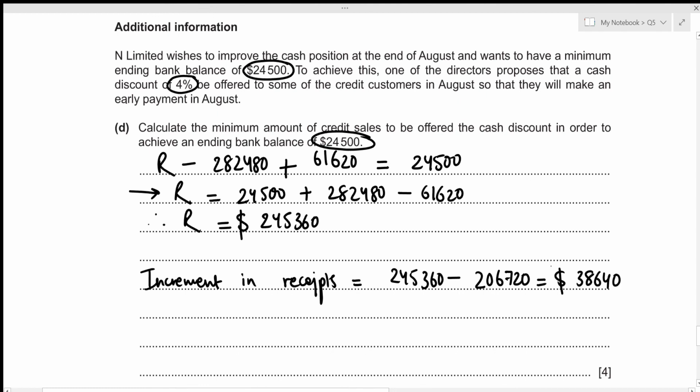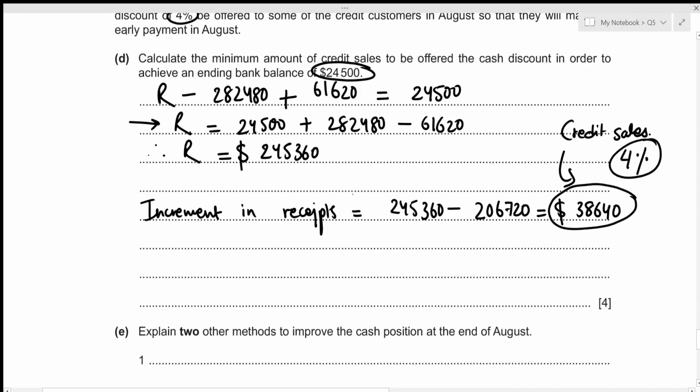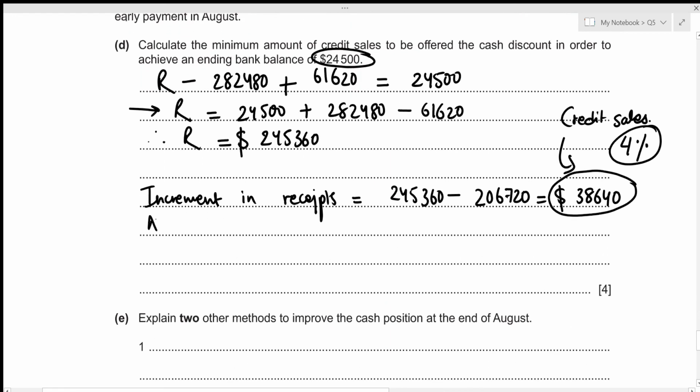And this increment in receipt is actually the amount received for credit sales. And this amount is received after allowing a 4% cash discount, and we are required to figure out the amount of actual credit sales rather than the discounted value. So what we can say is that the amount of credit sales, we are giving a 4% discount, meaning that we will only receive 96% of the total sales. So that's times 0.96.